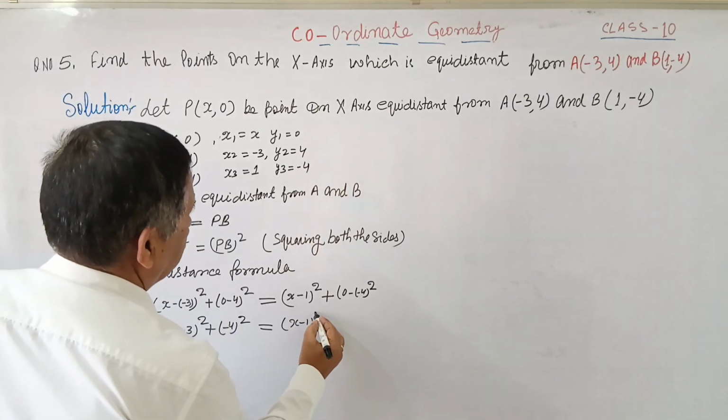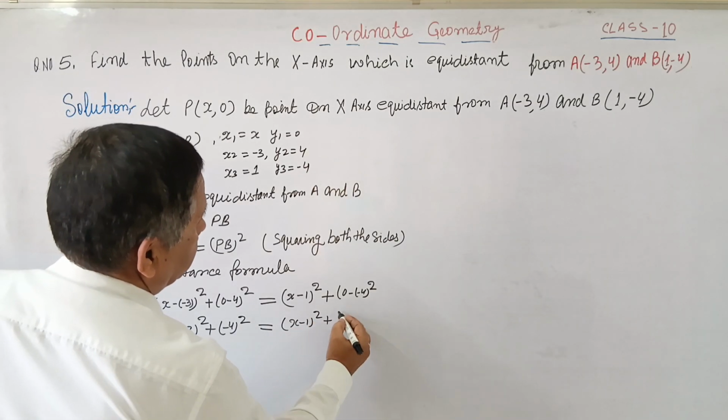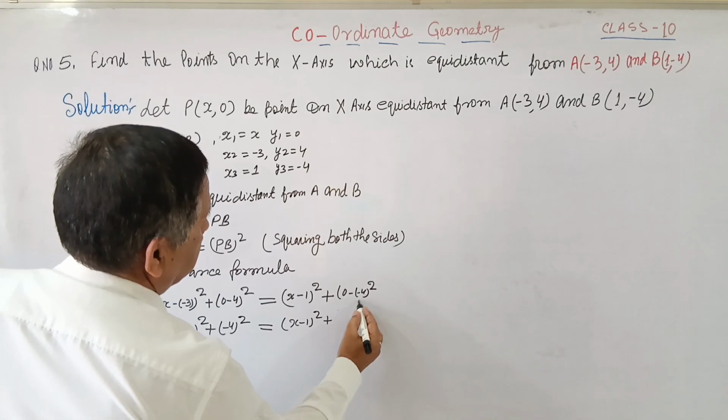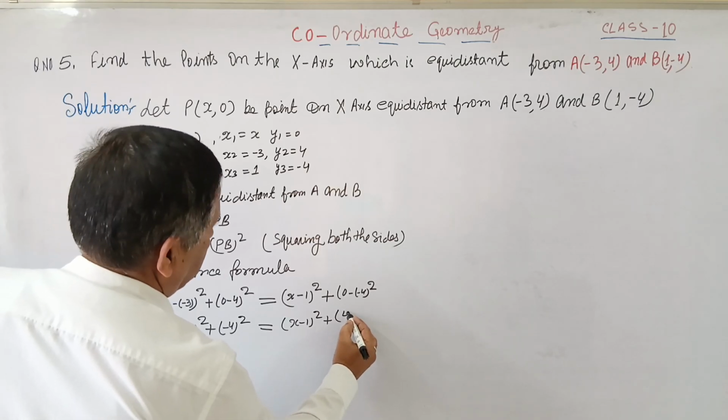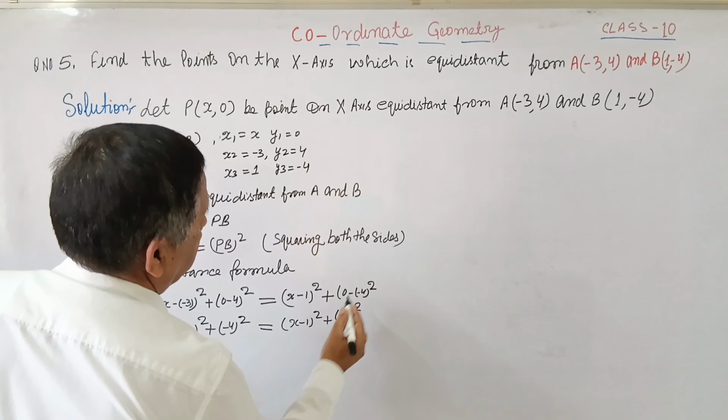x minus 1 whole square plus 4 whole square.